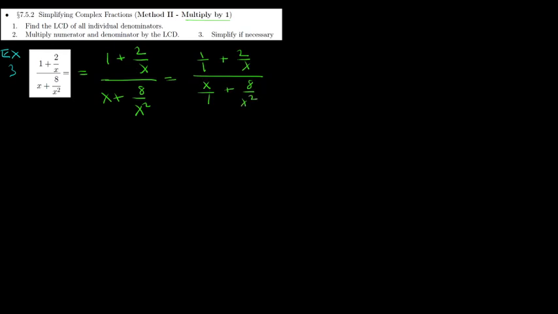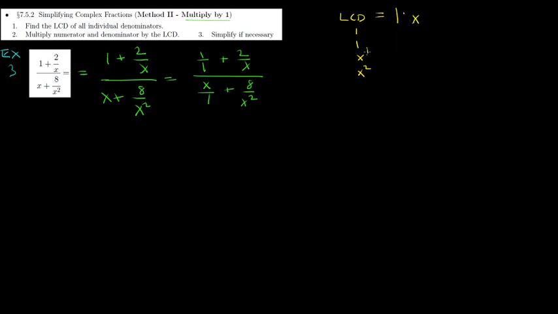So we actually have 4 denominators here, right? We have a 1, an x, a 1, and an x squared. So we're looking for the LCD out of 1, x, 1, x squared. Well, we have a 1, of course, times x. Remember the rule?